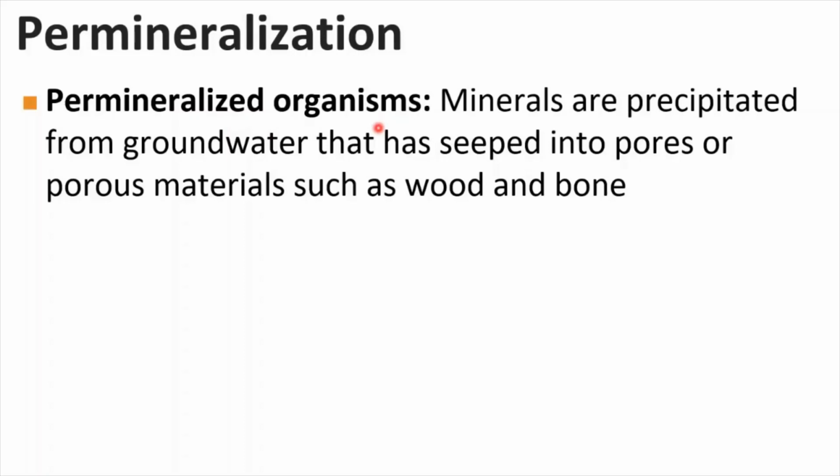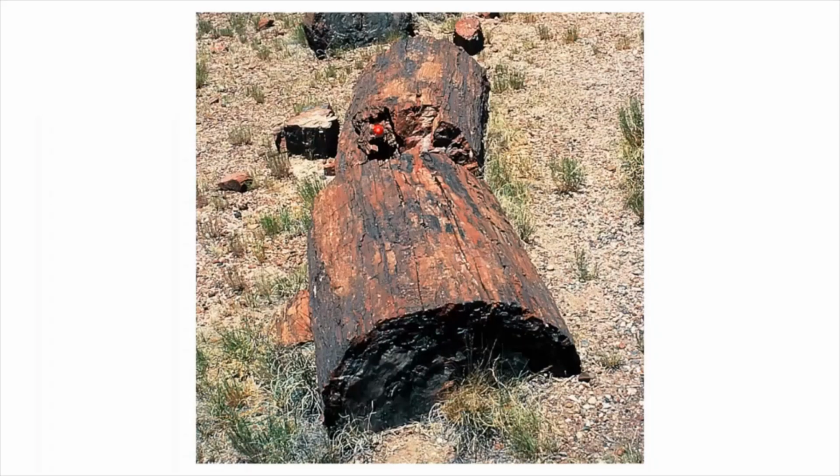And it is a cell-by-cell replacement, so it preserves some of those tree rings. This is petrified wood. Petrified material is where cavities and pores are filled in with precipitated mineral matter from groundwater, and it's a cell-by-cell replacement, so those fine-grained details are preserved, like those tree rings.